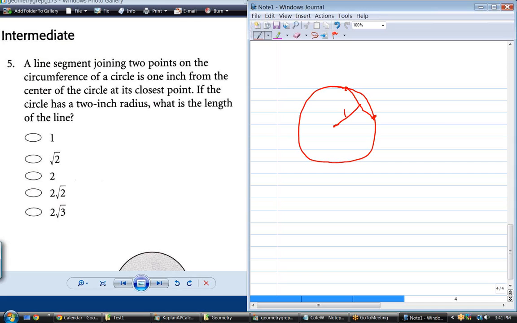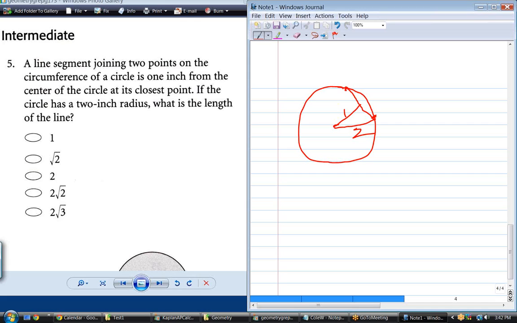If the circle has a 2-inch radius, what is the length of the line? Well, the other key thing about circles is that all radii are the same. If I draw that line right there, that is a radius. I could also have connected this point to that line. That's also a radius.